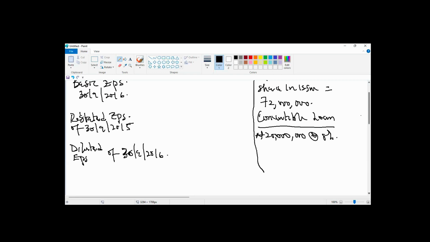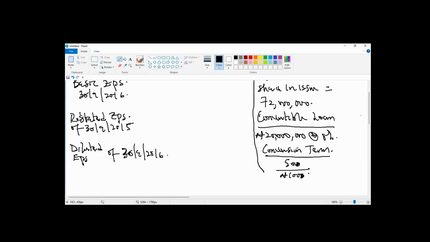The loan will be redeemed at par or converted to equity shares on the basis of 50 shares for each 100. Conversion term. Don't forget, shares must be up.